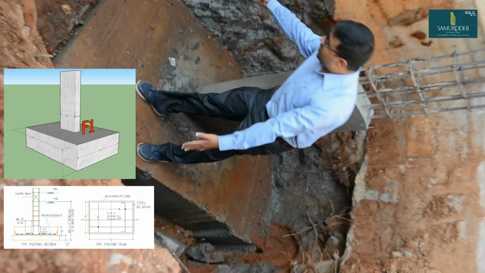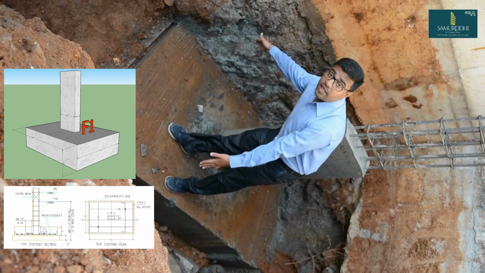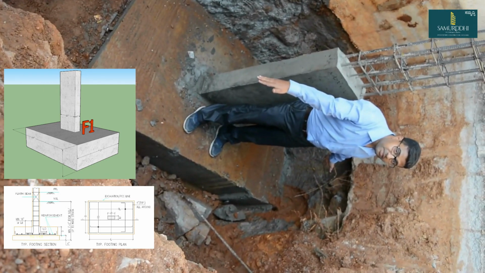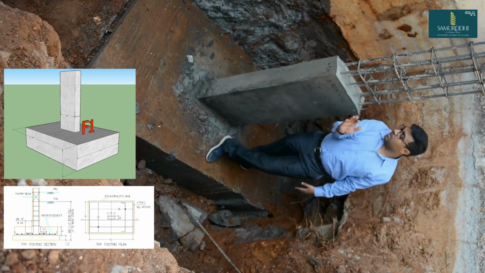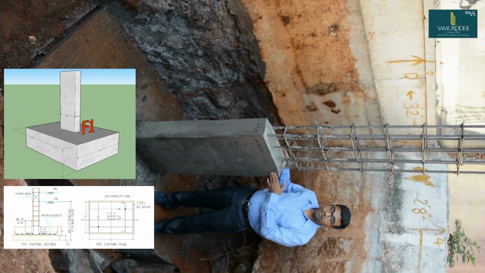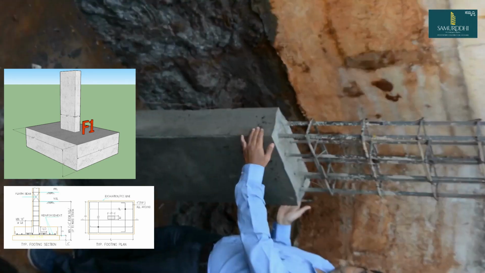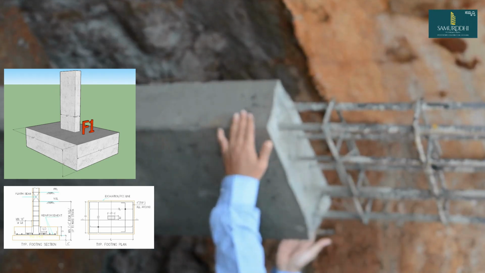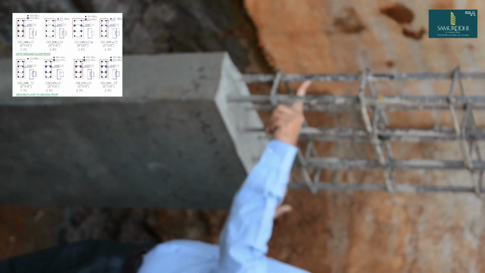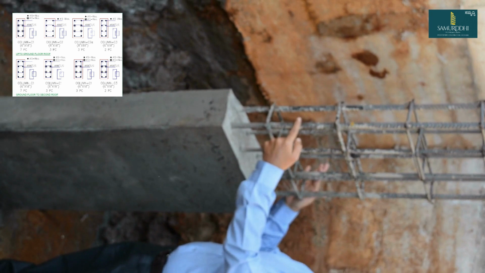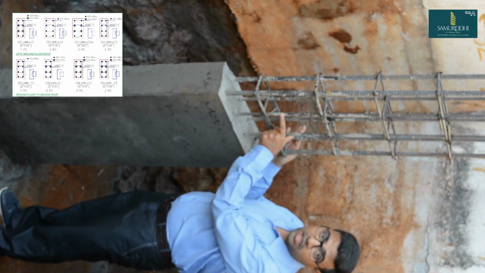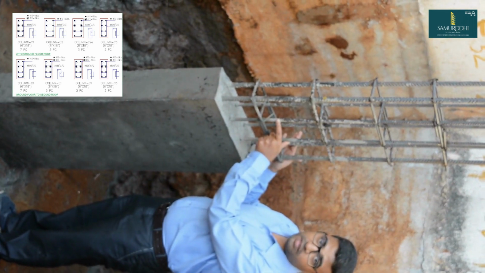So the width is 4 feet and the length is 5.5 feet with a depth of 18-inch thickness, and the column size of this is 6 inches by 18 inches, and we have reinforcement of varying diameter: 4 numbers of 16 mm rods, and in between we have 12 mm rods of 4 numbers.